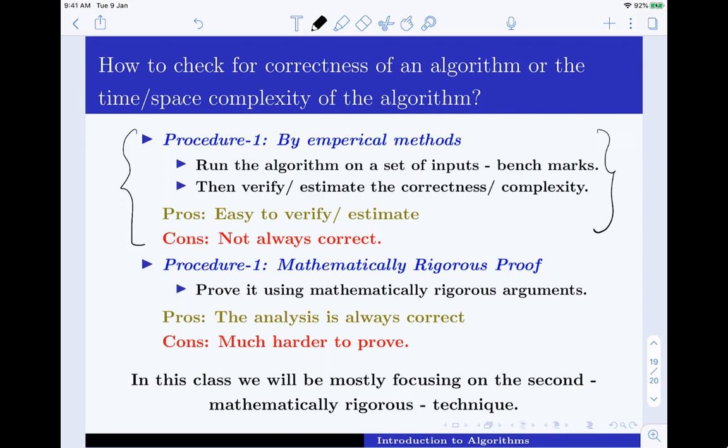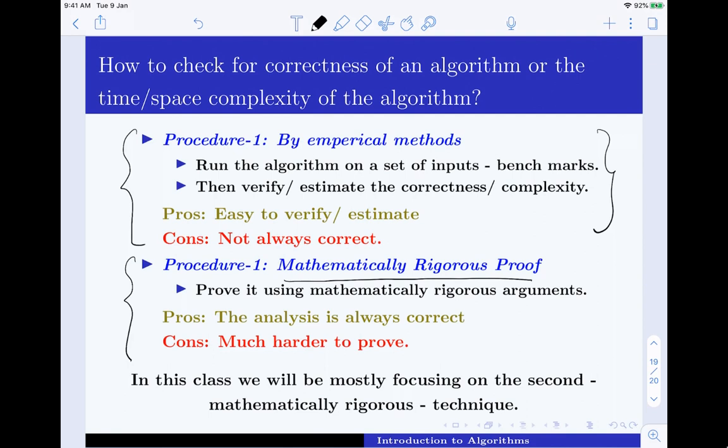The other spectrum is, of course, the more complicated one, which is giving a completely mathematically rigorous proof. A mathematically rigorous proof of the correctness of the algorithm, a mathematically rigorous proof of the time complexity or space complexity of the algorithm. I'm not saying that the algorithm has to be correct all the time.